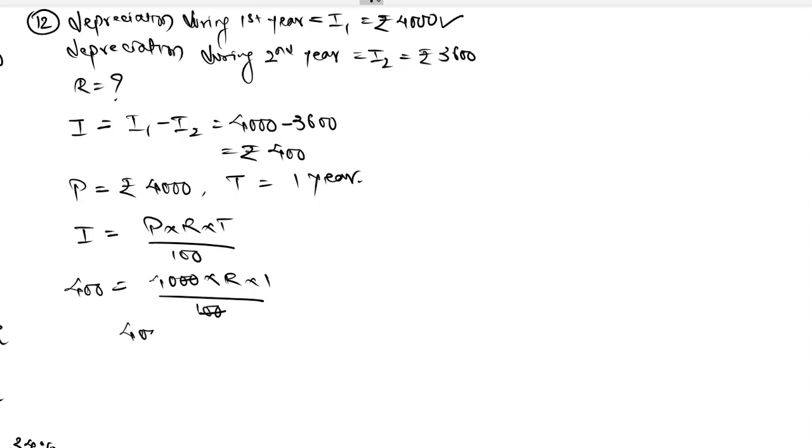So 400 by 40 is equal to R, and therefore R is 10% per annum. The rate of depreciation is 10% per annum. Correct? This is the rate of depreciation.